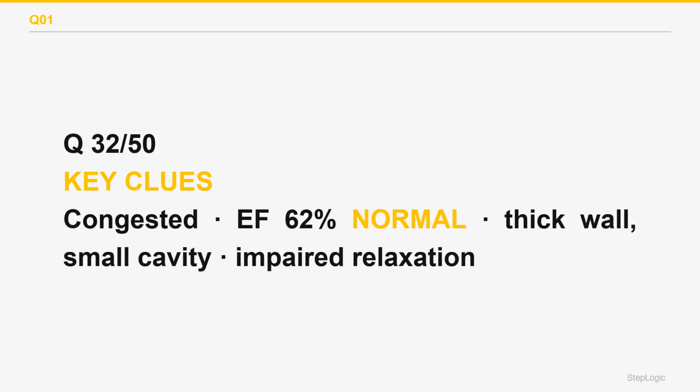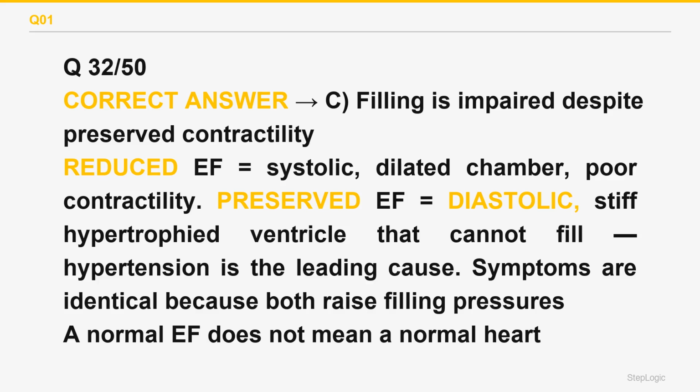Chronic hypertension produces a stiff, concentrically hypertrophied ventricle that requires high pressures to accept blood, and those pressures transmit back to the lungs. Contractility is normal, so choices B and E misname the defect, and the ejection fraction being normal never excludes failure. The other choices are wrong. The correct answer is C.